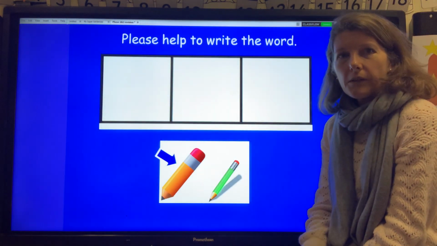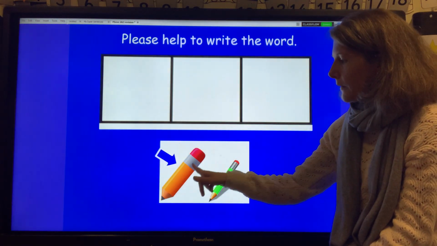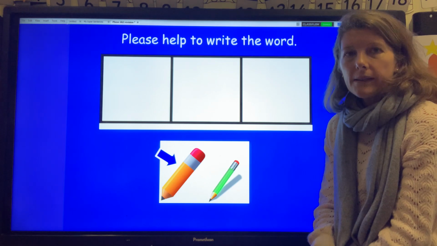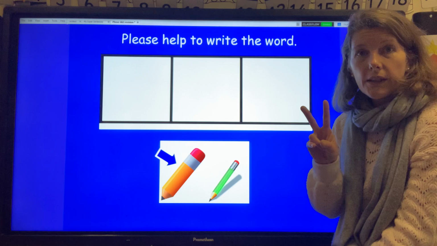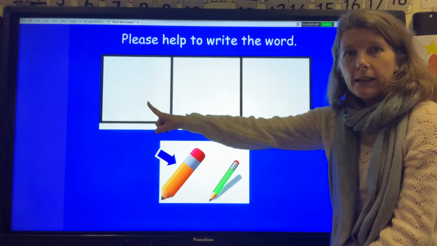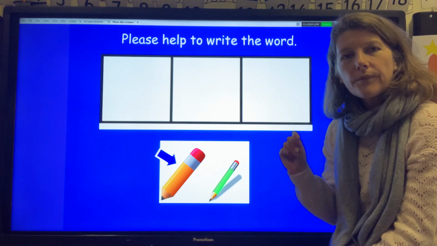Okay, so remember our pencils, our thin pencil and our thick pencil. Thick. Now thick has two digraphs in it. It has one at the beginning and one at the end. So listen carefully. Thick, thick.